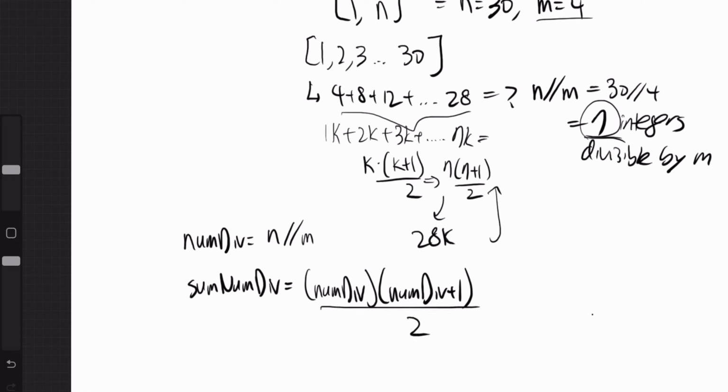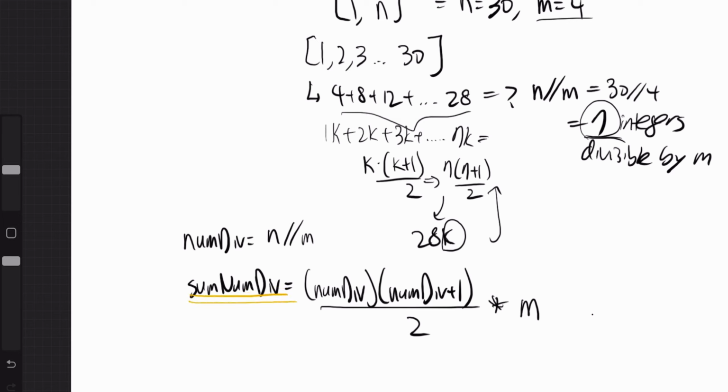But you see this k here is going to be multiplied by our divisible thing. So actually it's going to be m in this case. This is how we're going to get the sum of num_div.